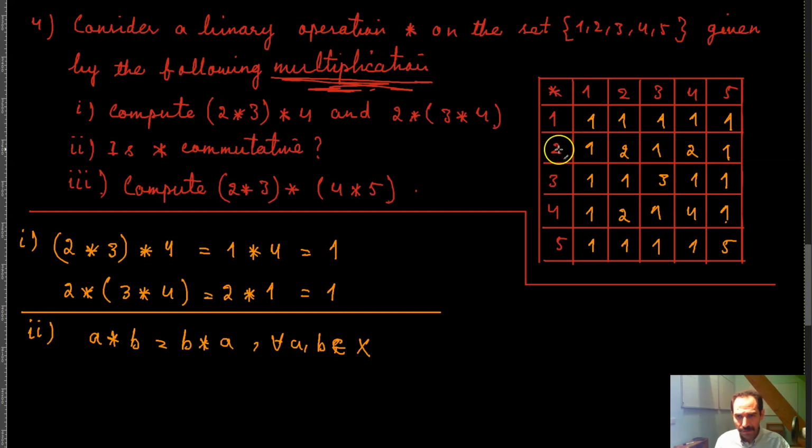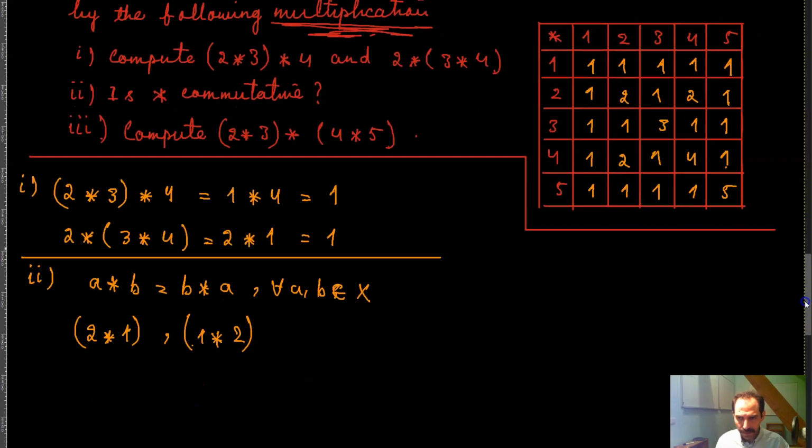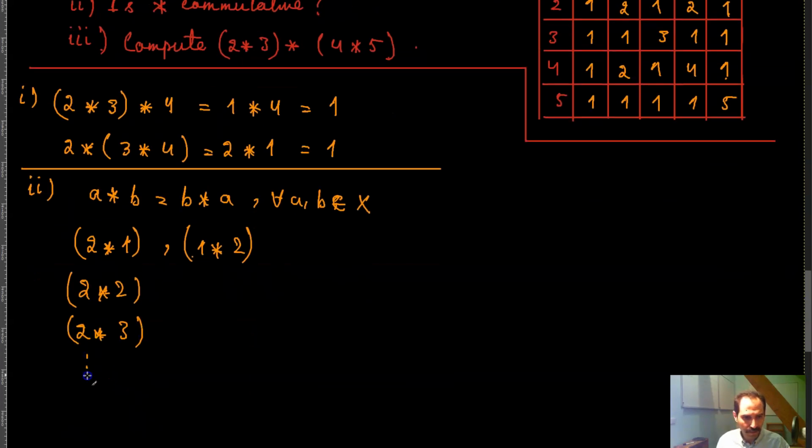Then you can start from 2, and then you have to go, for example, 2 star 1, and then relative to this you have to check also 1 star 2, and they have to be equal. Then you have to move to 2 star 2, and then 2 star 3, and all the way up to 2 star 5.